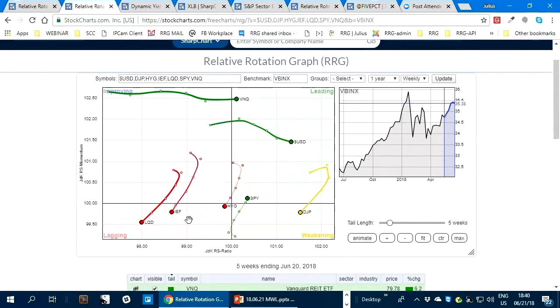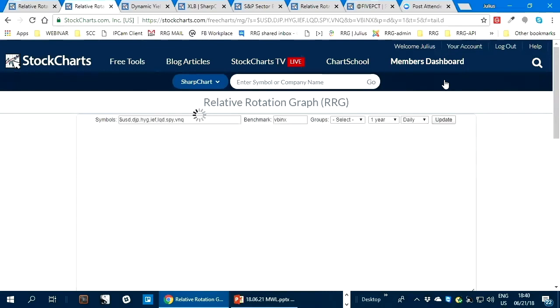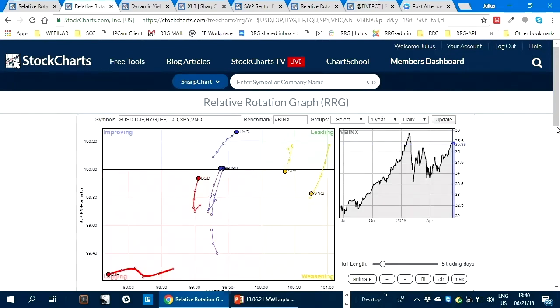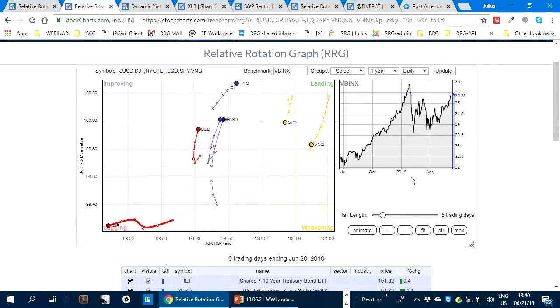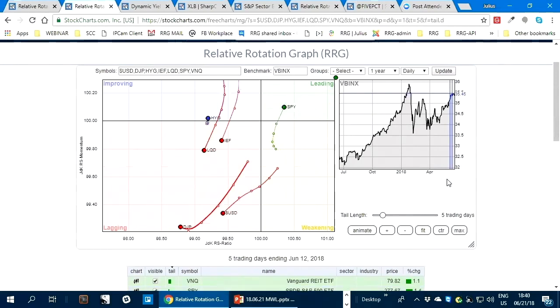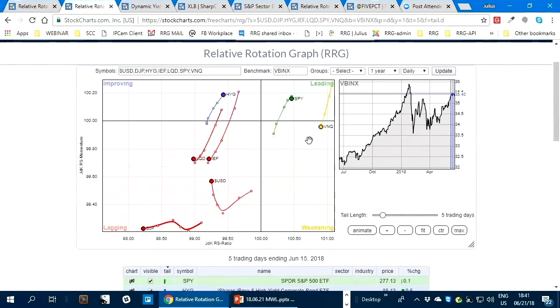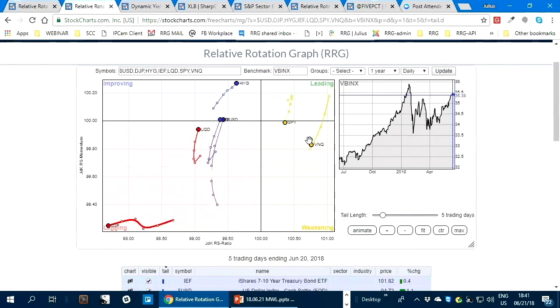Now, at the beginning of the week, we had a few moves that threw some curveballs at the market. And when I look at the daily version of this chart, you see some things that have started turning around. And that's not so nice, because what you see here is that the improvement of SPY, the green one moving into the leading, has rapidly turned around and started moving into weakening, and heading in a negative area.